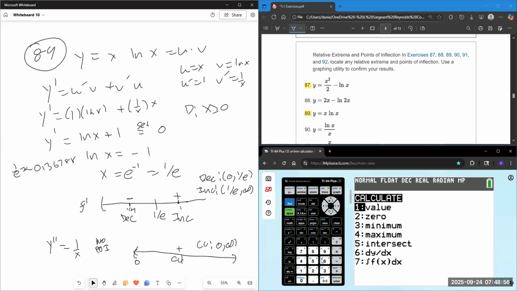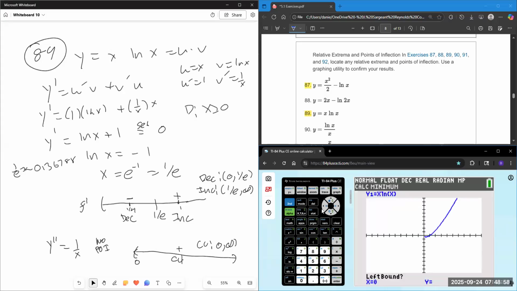It's hard to see, but it is there. And the minimum is at 1 over e, and the y value is also 1 over e. I should stick this in.